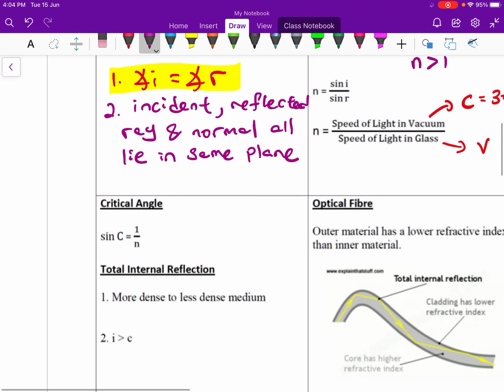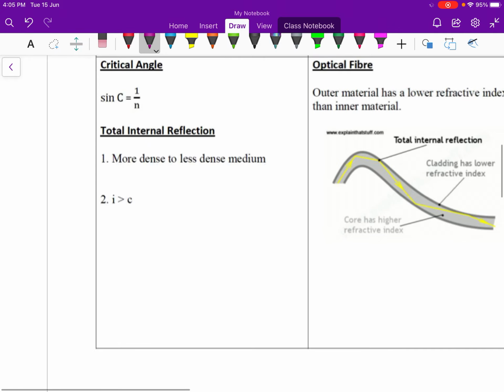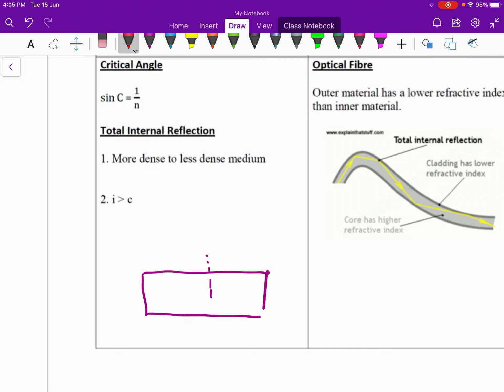Next will be the critical angle. So what is critical angle? Okay, if I draw a glass block, and I draw a normal. The light ray will travel from the glass block into the air.